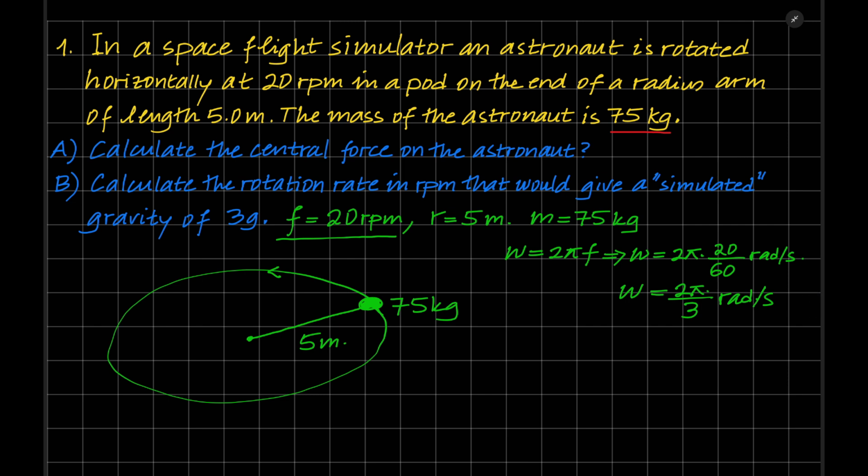And using the centripetal formula of angular motion, F is equal to mass times angular velocity squared times radius. This will be equal to 75 kilograms times (2 pi over 3) squared times radius 5.